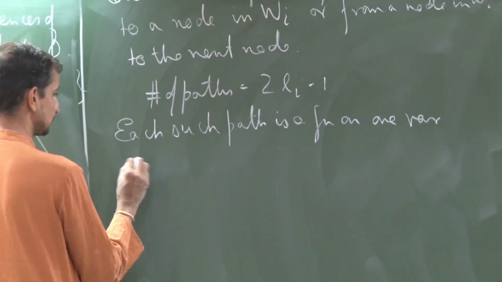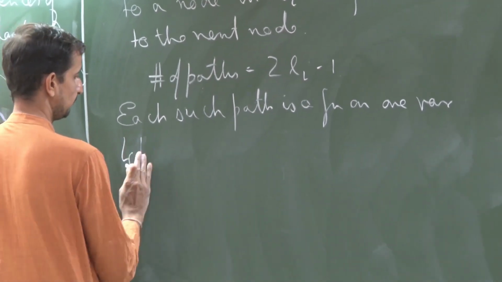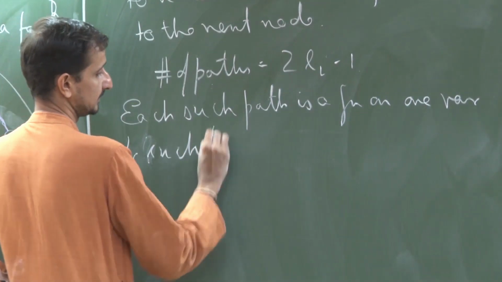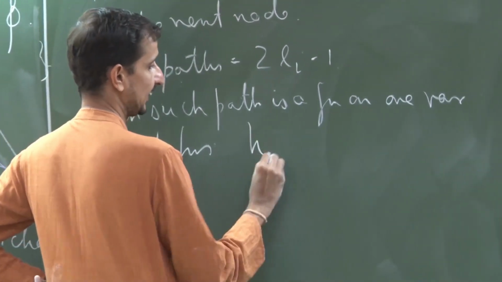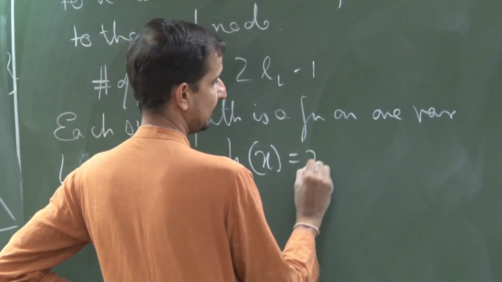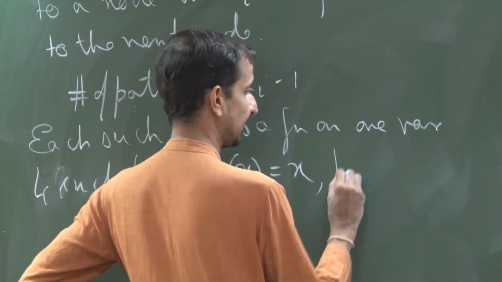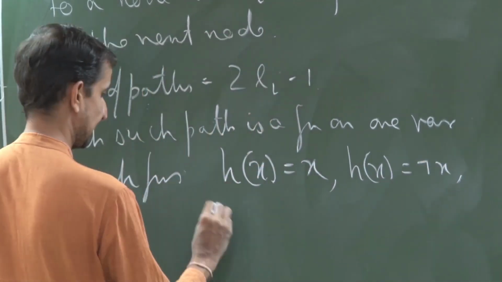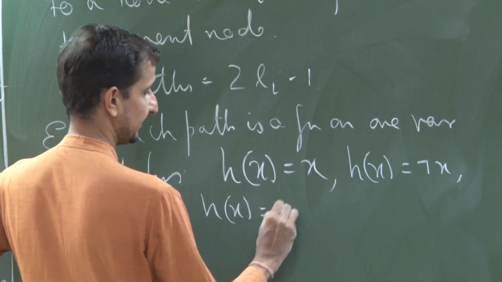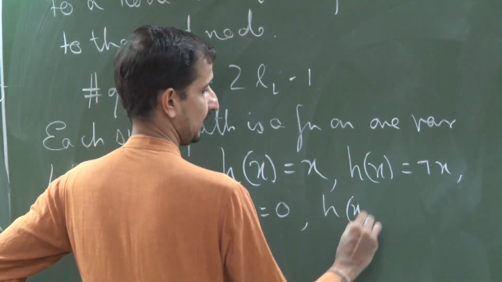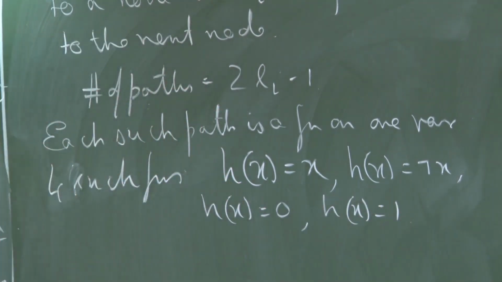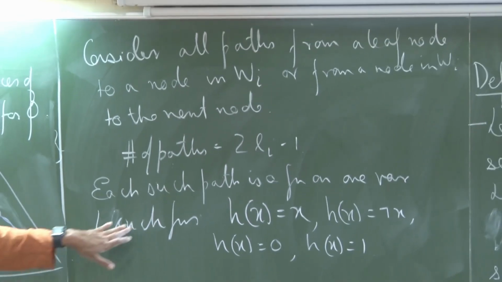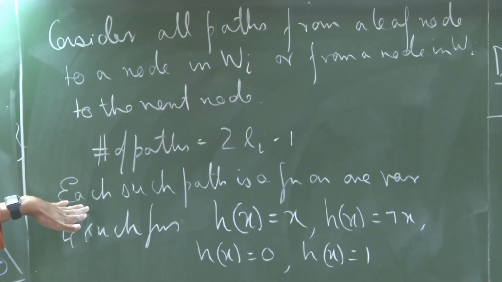There are 4 such functions. I can have h of x equal to x, h of x equal to not of x, h of x equal to 0, or h of x equal to 1. These are the only 4 possibilities for these paths.